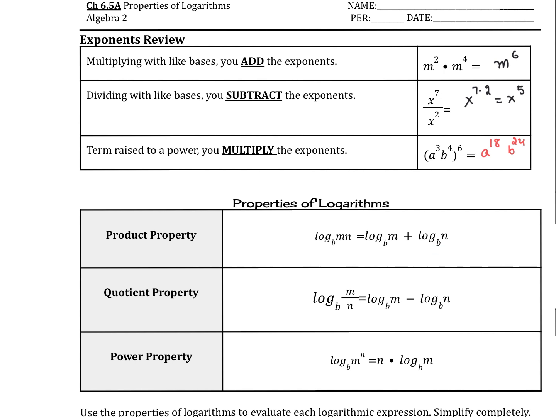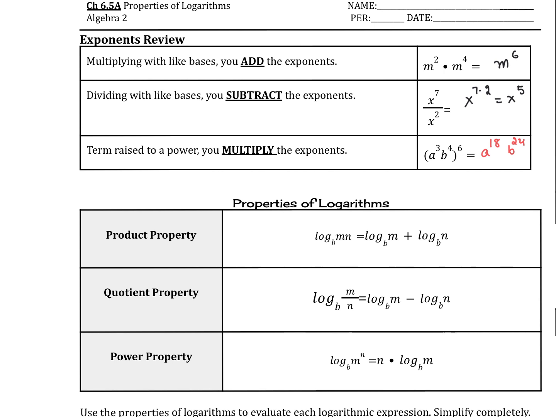For the quotient property, when you have two numbers in division form, the division turns into subtraction. So log m, the top one, goes first, and then the bottom one with the negative sign: log base b of m minus log base b of n.